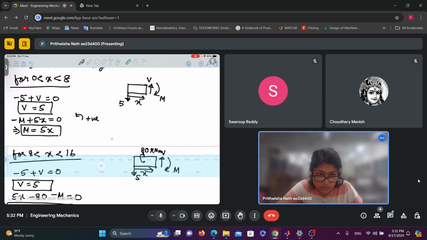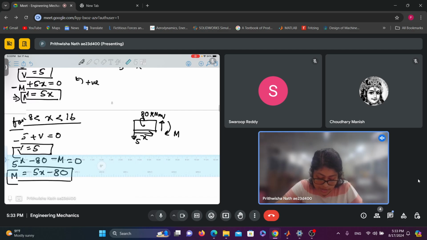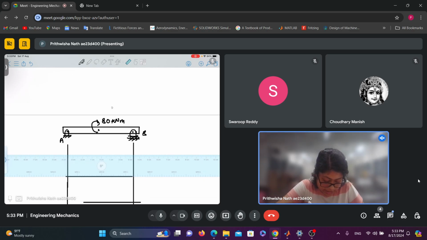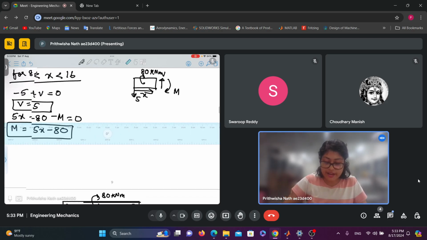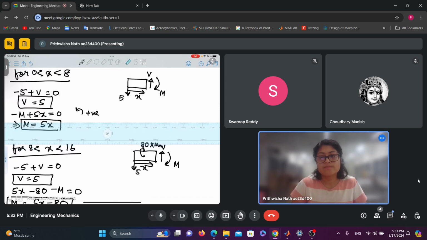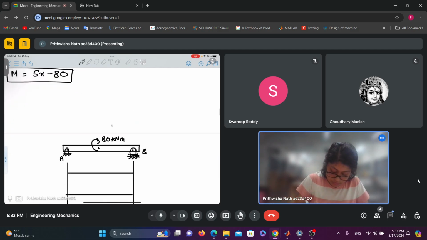Shear force is constant for both. It's plus 5, so it is positive. It's a straight line, constant in value. See, for both the regions it is 5. This is 5.